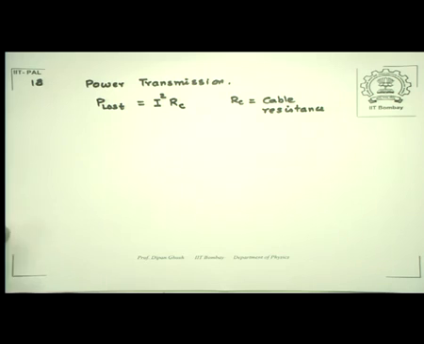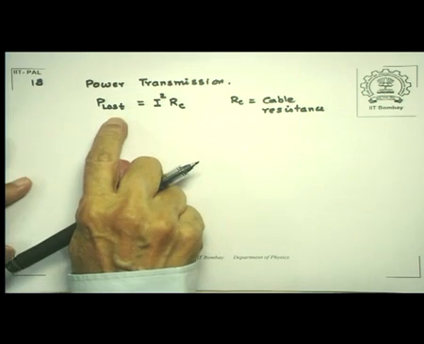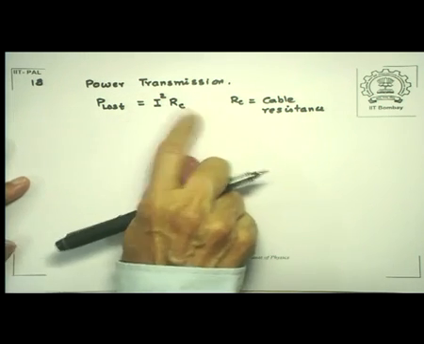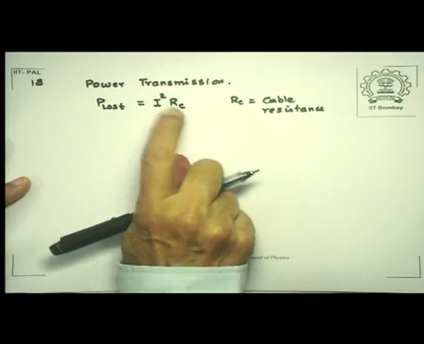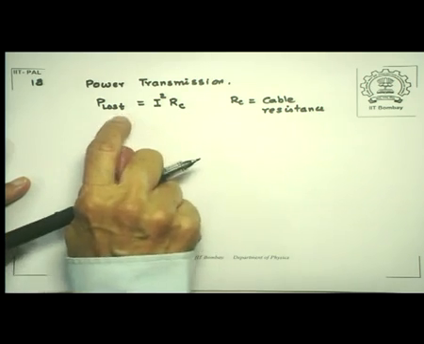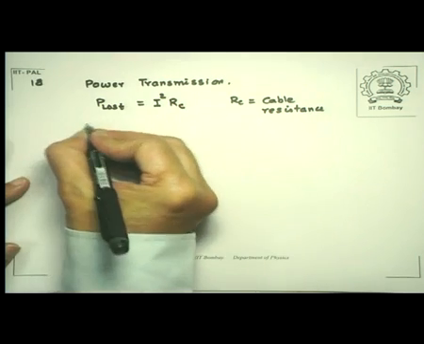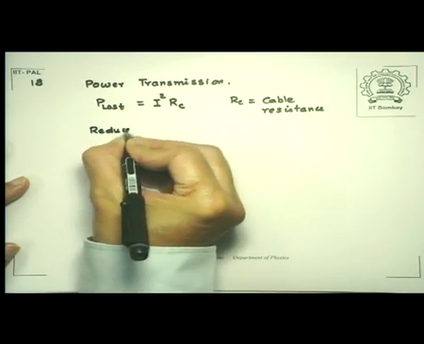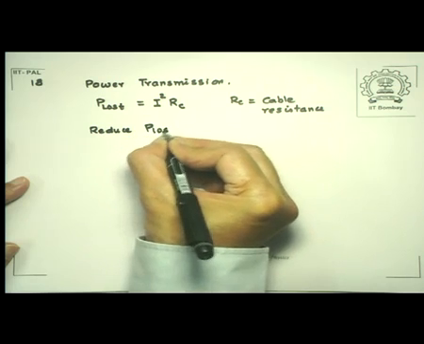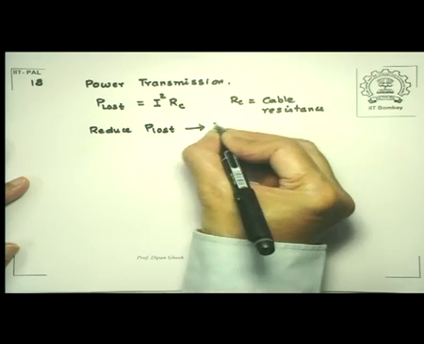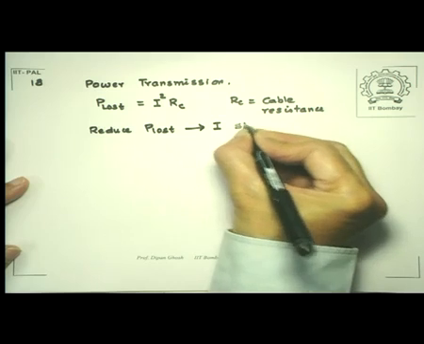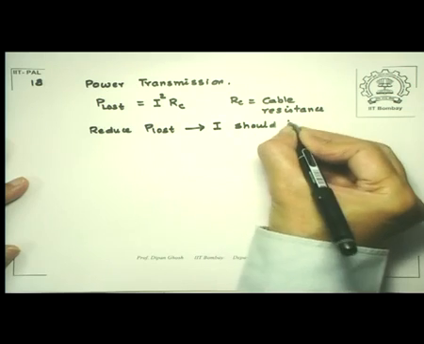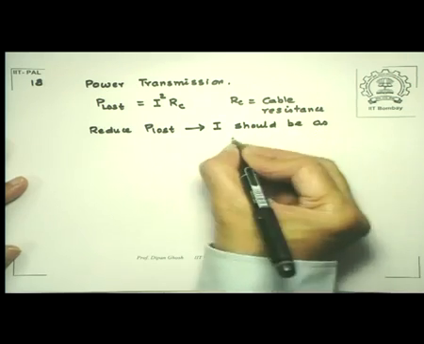Now clearly my interest is to reduce this lost power as much as possible, which would mean that I want I to be as small as possible. So to reduce P lost, I should be as small as possible.